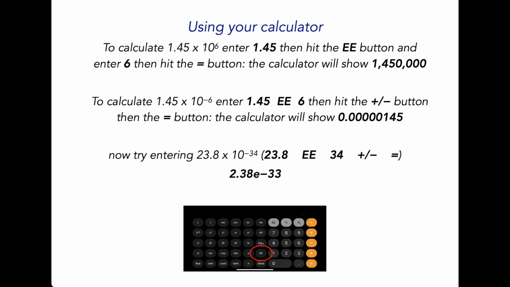Now it's done two things here. First of all, it said this is not in scientific notation, so I've got to move the decimal point to the left to make it 2.38. Then I've got to multiply my exponent by 10 to give me 10 to the power of minus 33, and it shows that exponent as e minus 33.